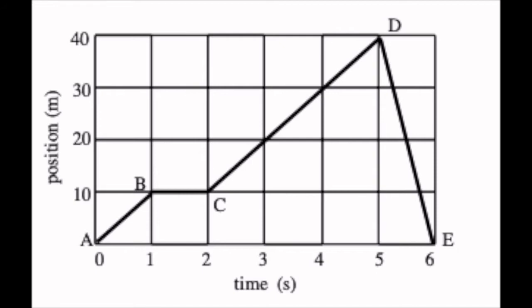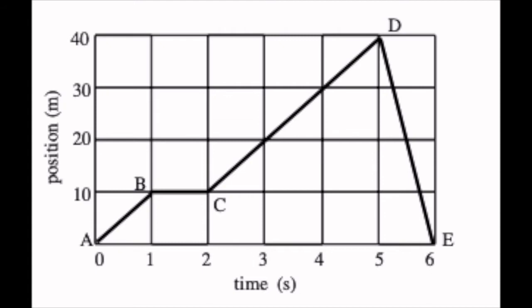As we can see, in segment AB, the object is moving. It moved 10 meters in 1 second. That obviously means that the velocity had increased, so it is not the solution to this question because we are looking for velocity decrease.